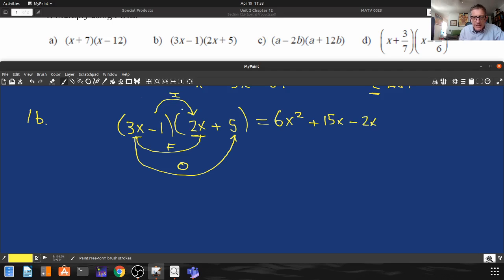And then the last thing is my last terms, which is my minus 1 times 5, minus 5. So the answer is 6x squared plus 15x minus 2x is plus 13x minus 5.